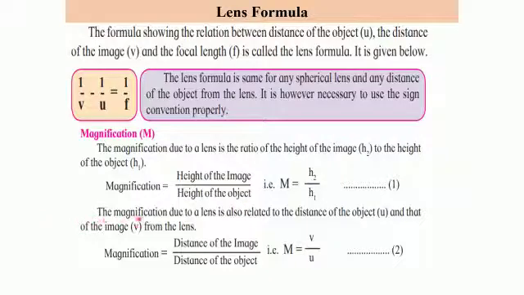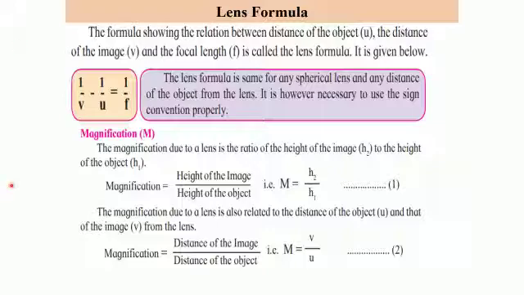The magnification due to a lens is also related to the distance of the object U and that of the image V from the lens. So magnification can even be given as the distance of the image upon the distance of the object, that is M is equal to V upon U.